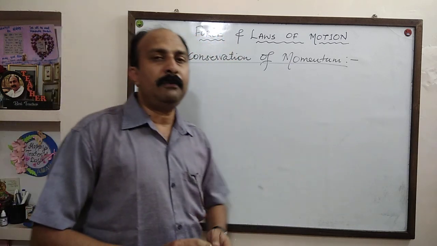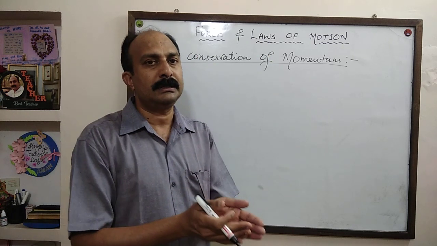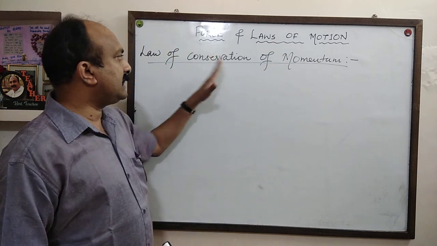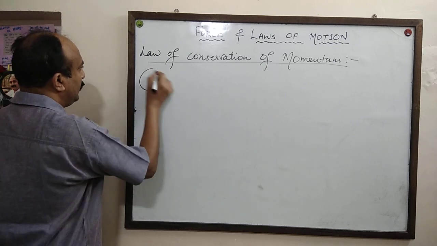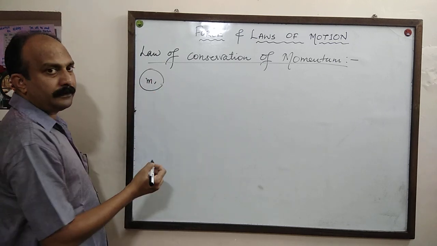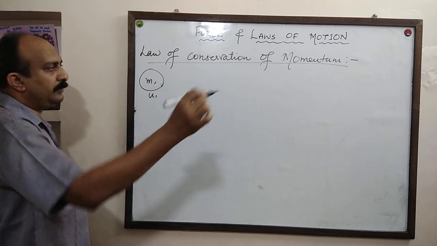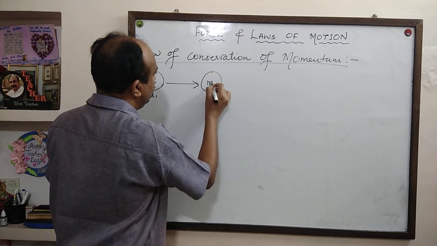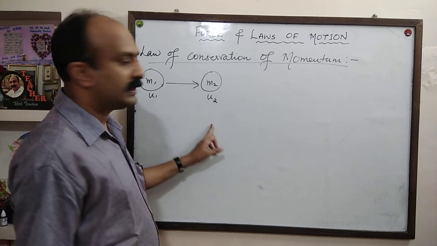Now listen carefully, what is law of conservation of momentum? To conserve means to protect. So momentum is conserved. See how? Let us suppose a body of mass m1 is having an initial velocity u1, is moving forward, and another body of mass m2 is moving with an initial velocity u2.